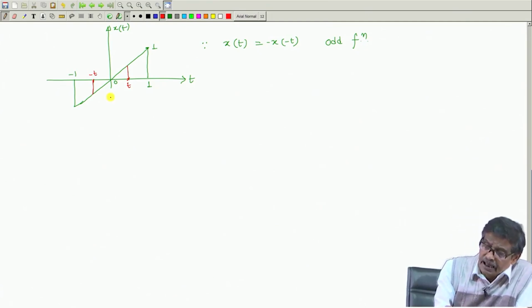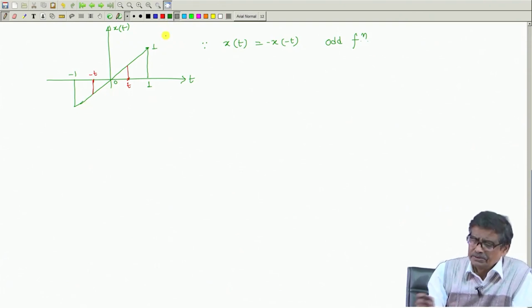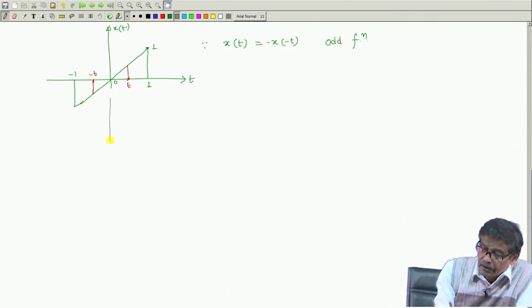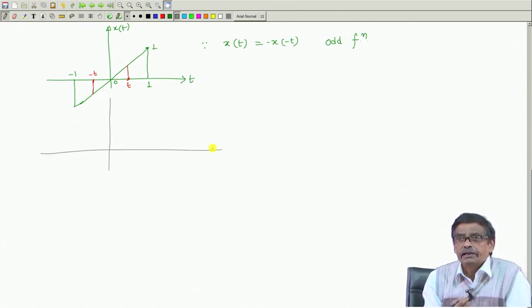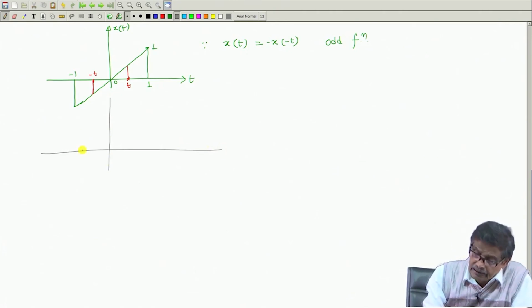Similarly, there may be an even function. So, odd functions will be there, you can sketch many of them. Now, similarly, a function which is having, suppose I sketch a function like this.